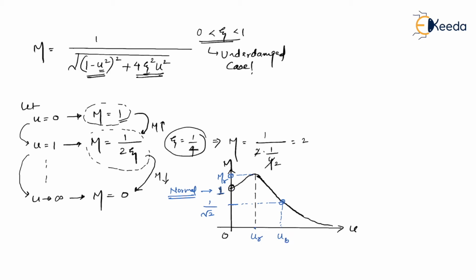This gives me the bandwidth, the range of frequency over which I'm getting satisfactory output. UR, as I said, is called the resonant frequency, and MR is called the resonant peak.